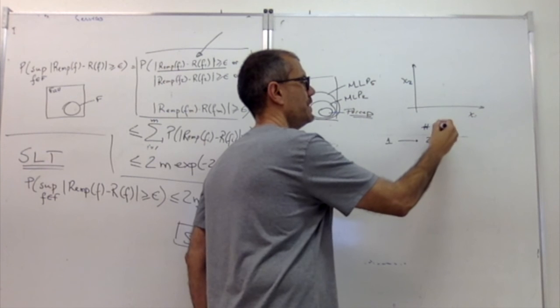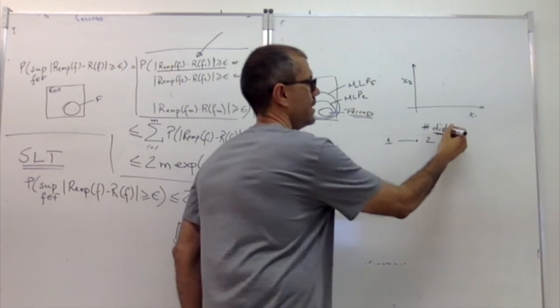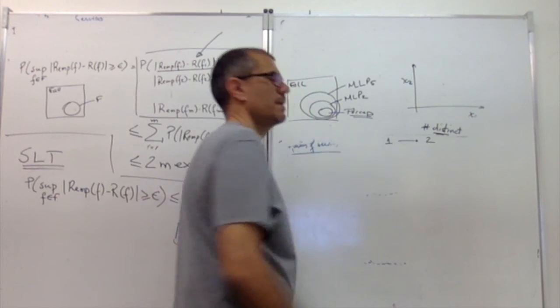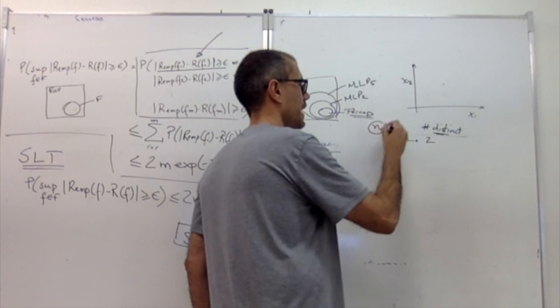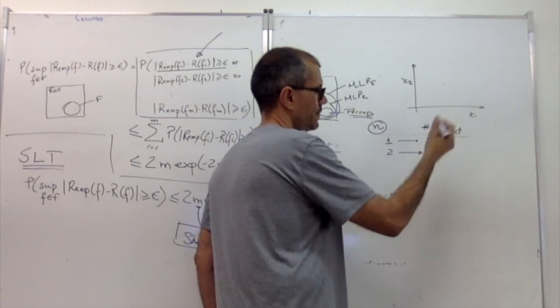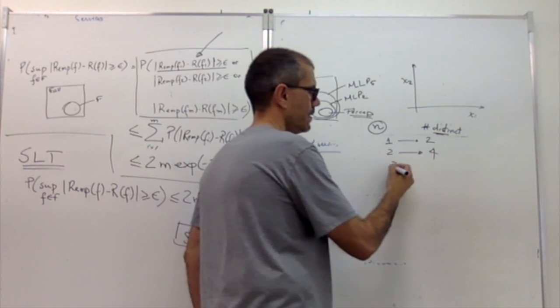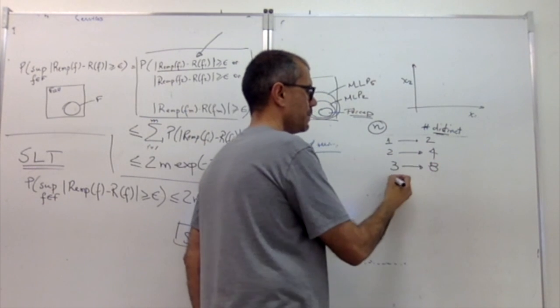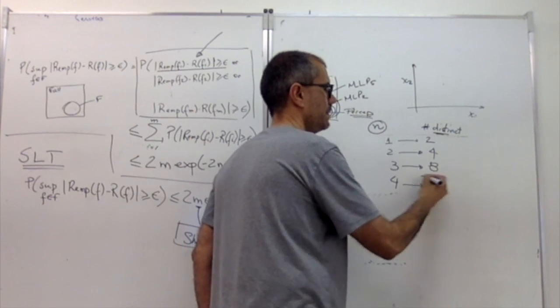Those are the number of distinct classifications, and the distinct classifications provide the shattering coefficient to me. Here I have the sample size. For 2, as we saw before, we have 4. For 3, we're going to have 8. But for 4, we don't have 16, we have 14.